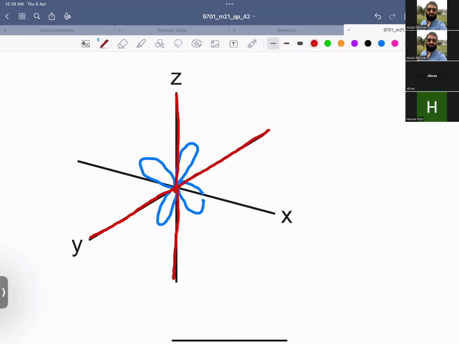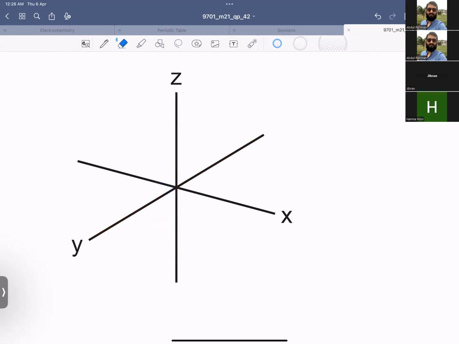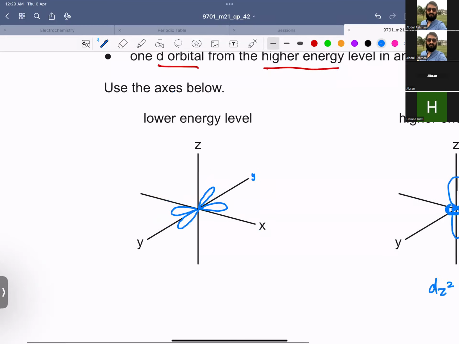Now it is dyz or dzy. Okay, but if I'm drawing it like this, so see, this is a y-axis and this is an x-axis. So the lobes are between x and y. In a similar way, I'll draw them over here between x and y. Is this clear?